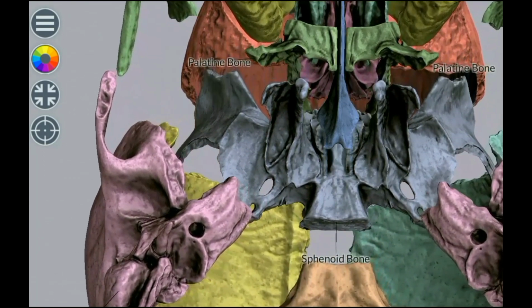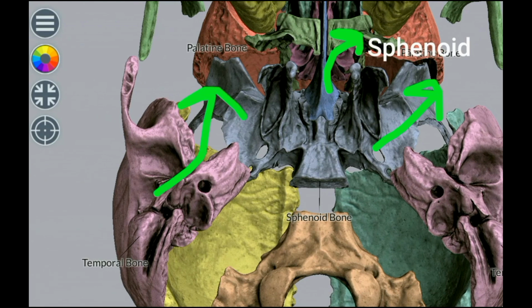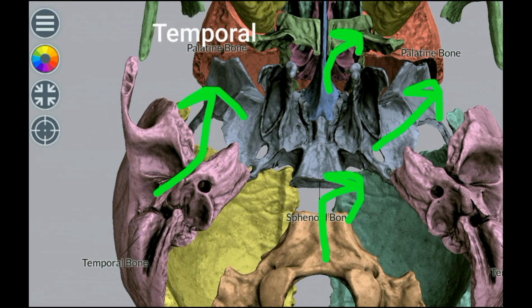Here you will see a midline vomer bone, the purple colored bone, unpaired, and just behind that you will see the sphenoid, body and greater wing in grey color. The pink colored structures are the paired temporal bones, and the unpaired occipital bone. So these are the bones forming the middle part.